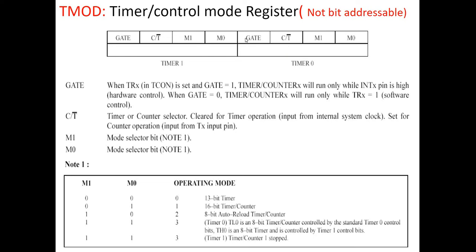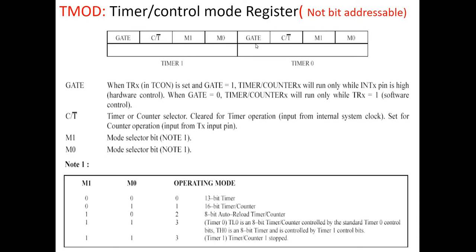And next we have the gate bit. This gate bit tells whether the 8051 is using hardware or software to turn the timer on and off. If gate is 0, the 8051 is using software to turn it on and off, so we need to use TCON.